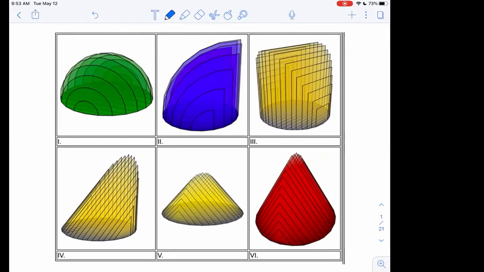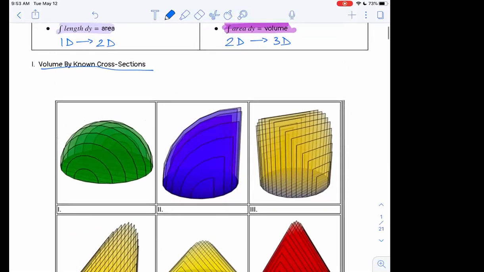So we're gonna take a look at the green one first, number 1. When I look at this green one, I see sort of a half sphere or a hemisphere.